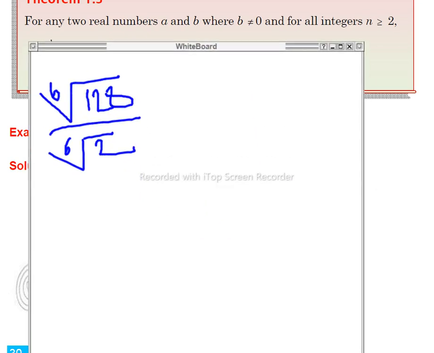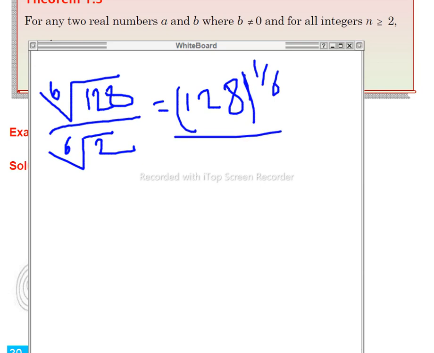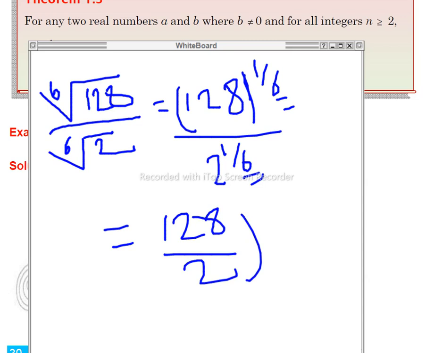So this means 128 to the power of 1 over 6 is the same as this, over 2 to the power of 1 over 6, and after writing this, we have a common power for both. We only take 128 over 2 to the power of 1 over 6.